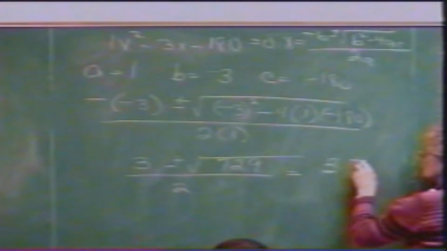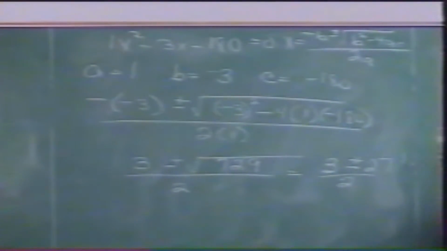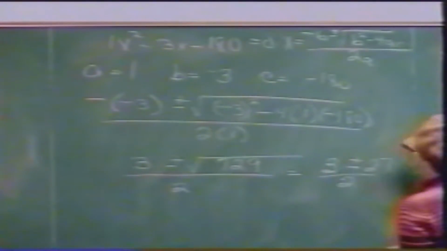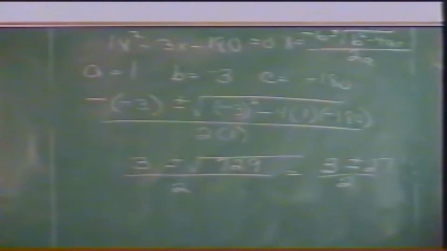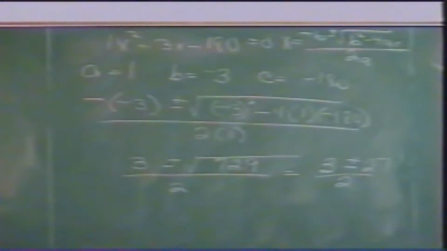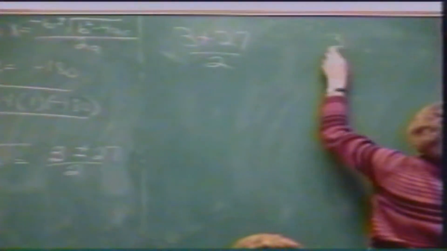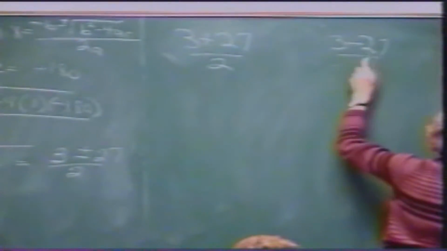27. So we'd have 3 plus or minus 27 over 2. And we'd have to work that out to get our 2 answers. Anytime you have a quadratic equation, you're going to get 2 answers. So what are we going to get for our 2 answers? 15 and... 3 plus 27 over 2 and 3 minus 27 over 2.